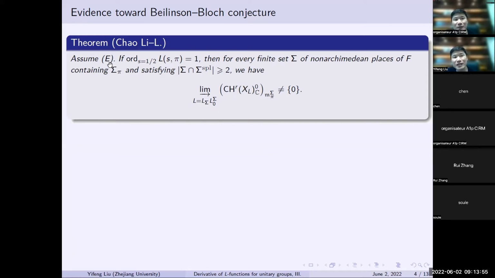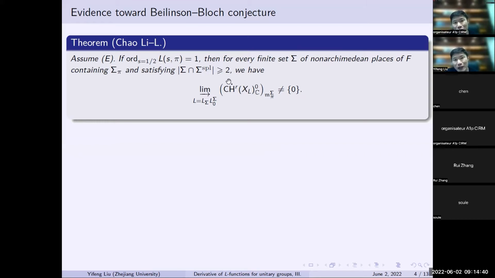So assume the previous assumption on the field E. If the order of the L function at the center is 1, in other words, if the central derivative is non-vanishing, then for every finite set sigma of non-Archimedean places of F containing the ramification set sigma pi and containing at least 2 split places, again, this is another technical condition, then we have the following non-vanishing result of the Chow group.